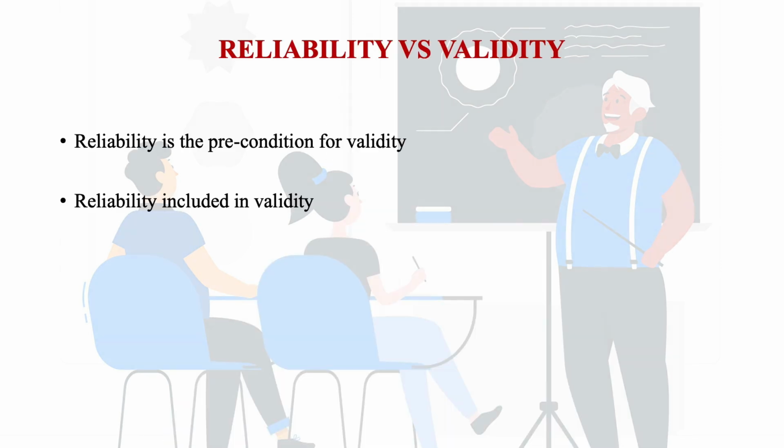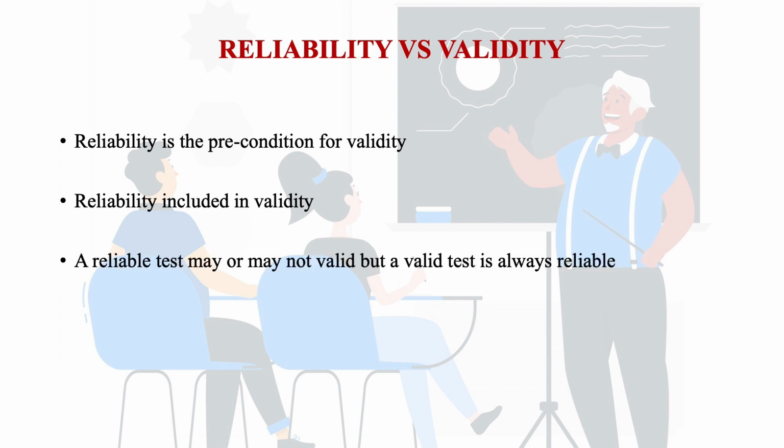If the tool has reliability, then you can go on to establish the validity index of the tool. But if you have not found the reliability, then there is no need to go on to find the validity. So that's why reliability is the precondition for validity, and reliability is included in validity. We can also say that a reliable test may or may not be valid, but a valid test is always reliable.